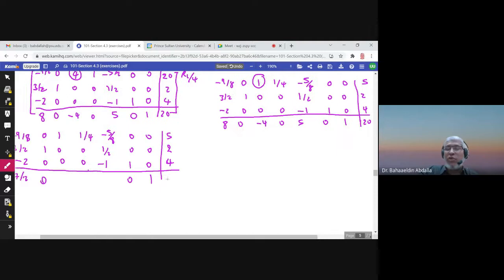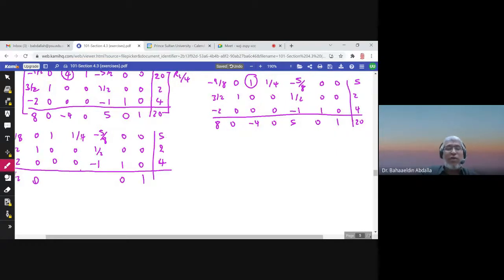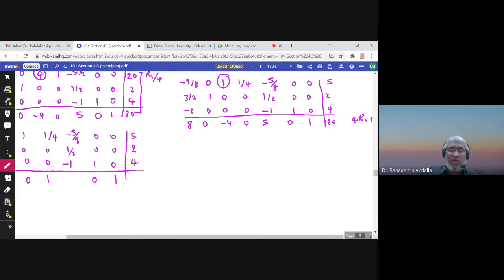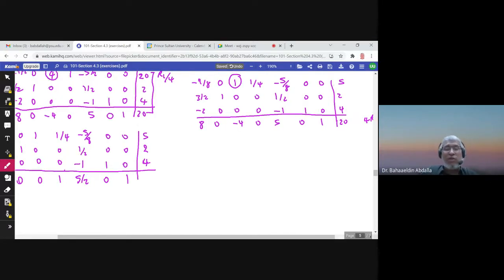Whenever there is a 0, there will be no change. 4 times 1 plus negative 4, that's 0. 4 times 1 over 4 plus 0, that's 1. 4 times negative 5 over 8 is negative 5 over 2. We add it with 5, we get 5 over 2. And 4 times 5 is 20, plus 20, that's 40.